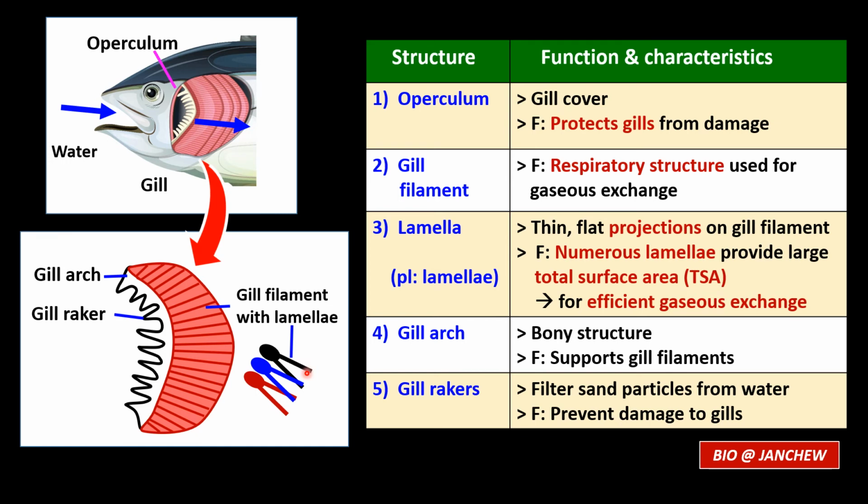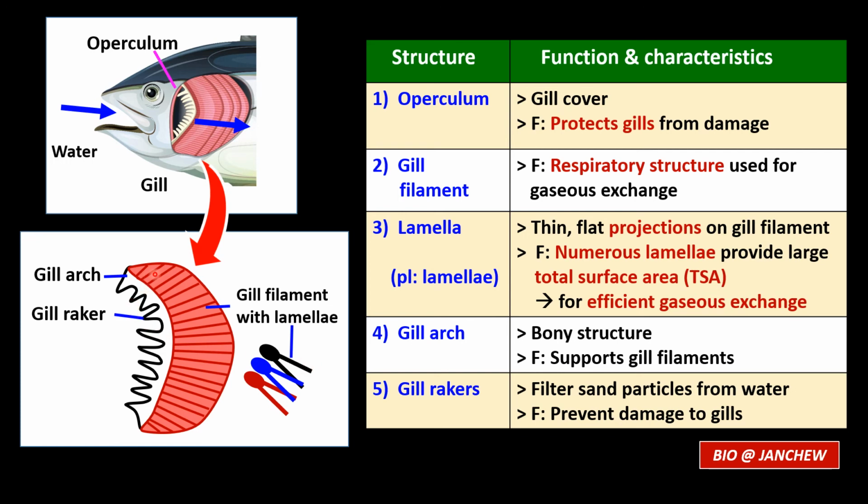Plural form is lamellae, all right? So here it cannot be seen, but it projects out like 90 degrees from each gill filament. So there are thin flat projections on the gill filaments, and they provide a large total surface area. So they help to increase the total surface area of the gill filaments for more efficient gaseous exchange with the water.